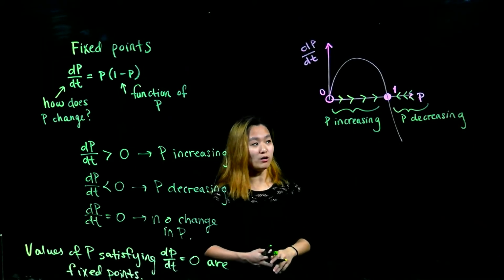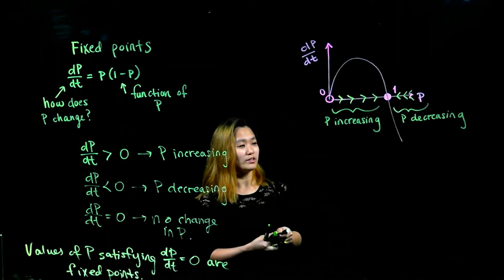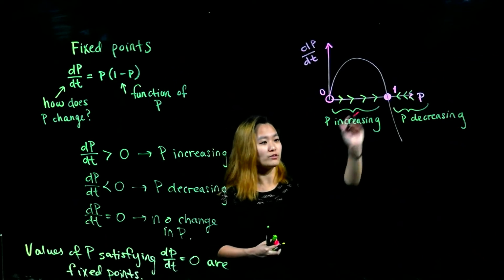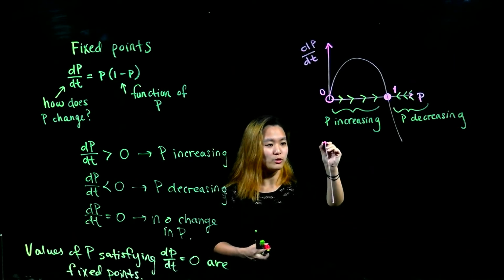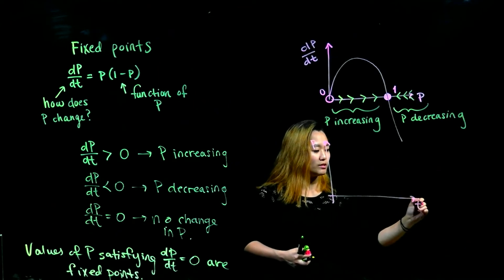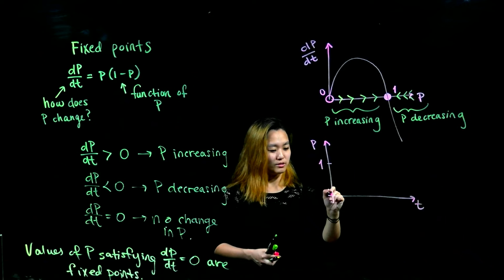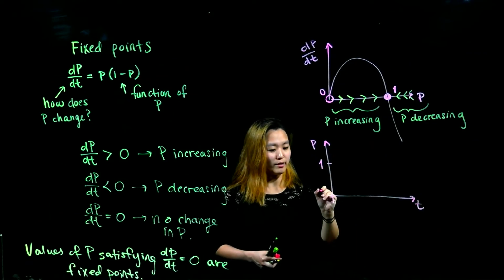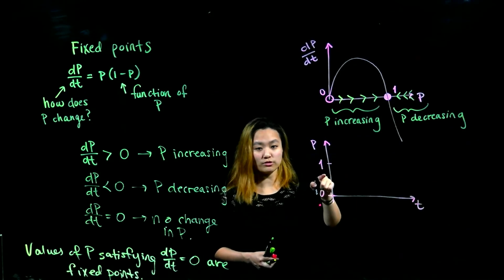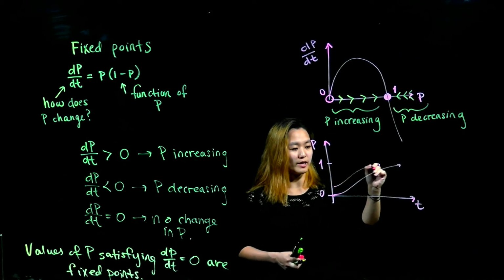Okay, so we can also plot population p as a function of time. Instead of dp/dt versus p, we can plot population versus time, or t. From our first graph, we know that between 0 and 1, population will increase over time.